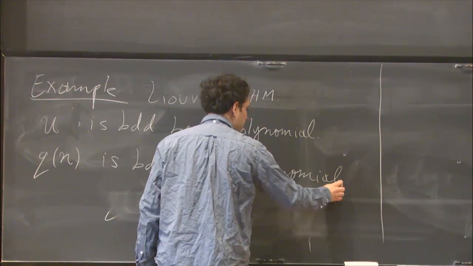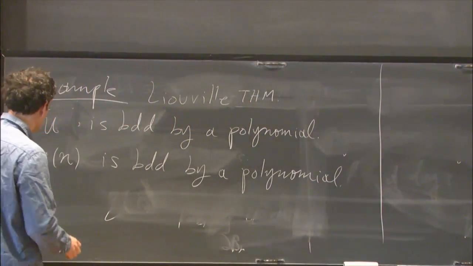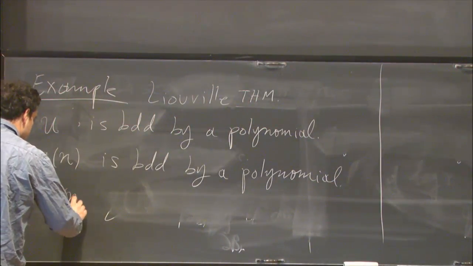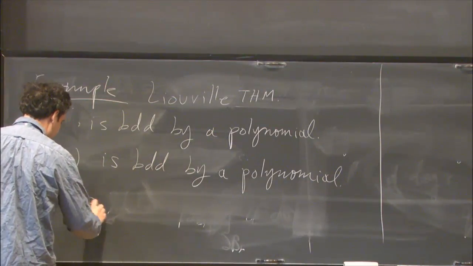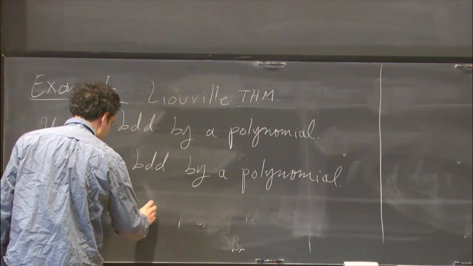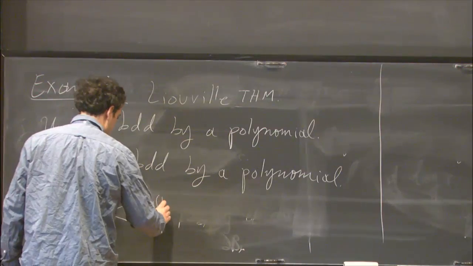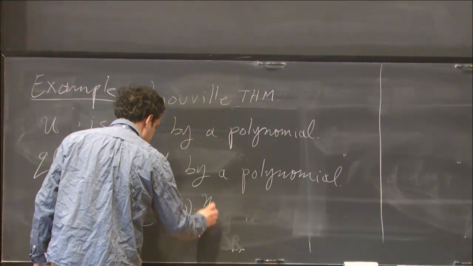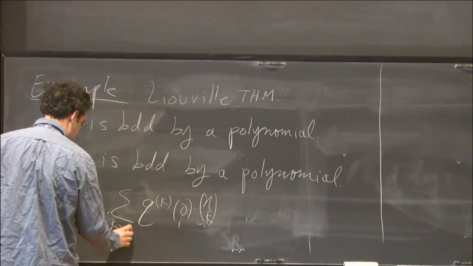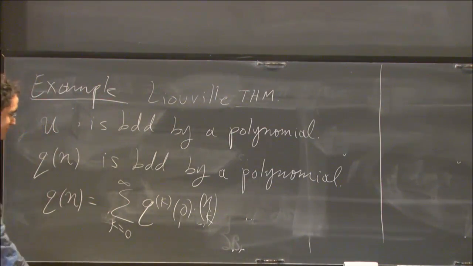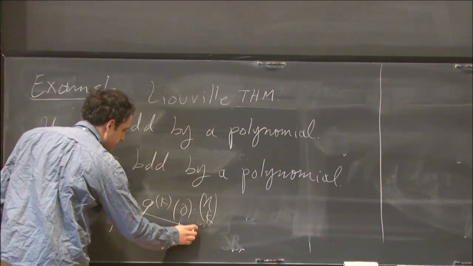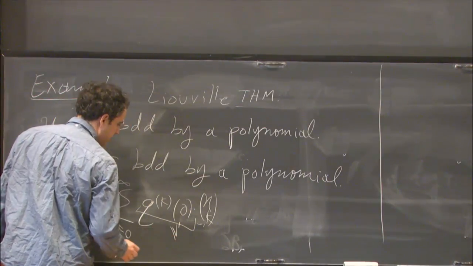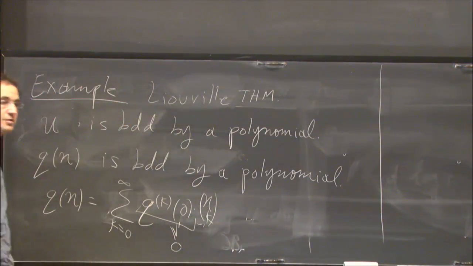On the other hand, if we look at the discrete Taylor expansion of Q, we can write Q of n as the sum over k from 0 to n of the k-th derivative of Q at 0 times n choose k. By the theorem, all these discrete derivatives are non-negative.